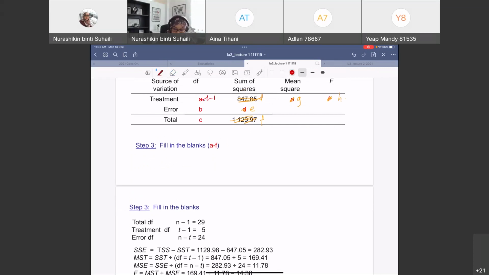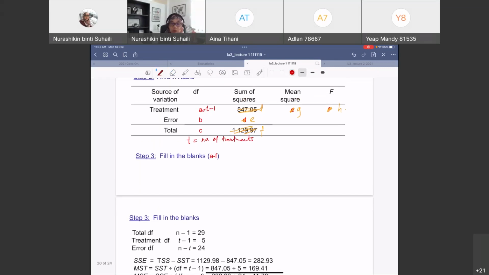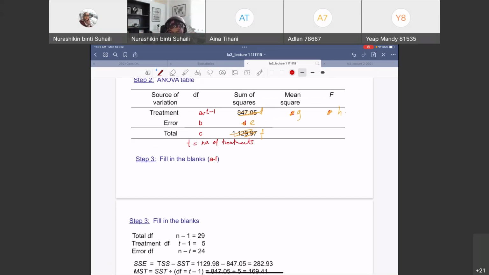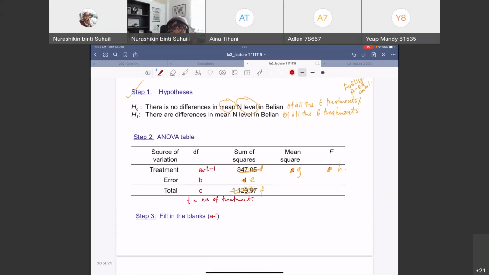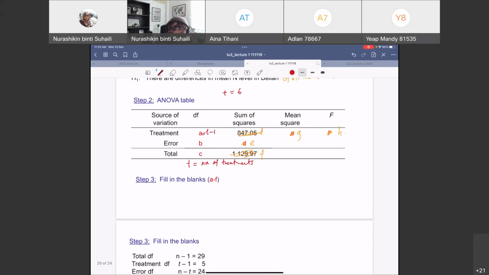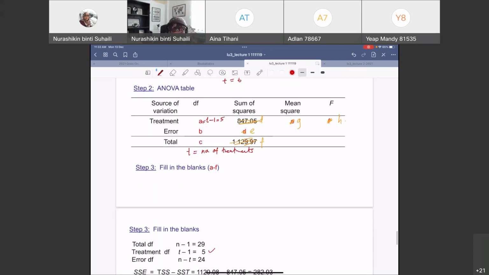You always start with solving the df first because you go in this table from the left to the right. So at the end you will solve the F. Here treatment is t minus 1, number of treatments. So the treatment is 6, which means the degree of freedom of the treatment is 6 minus 1, which is 5.